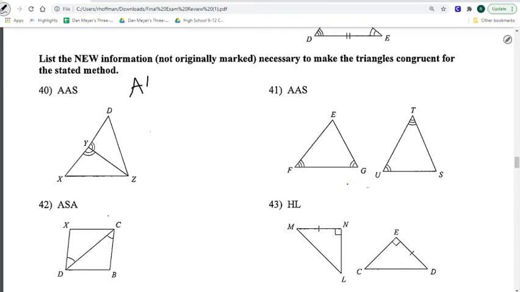So we want angle, angle, side. So first off, what is already marked? What do I already have? Well, I've got these 2 angle Y's marked. That's a pair of angles. Cross that off. That's done. I also have this common side.